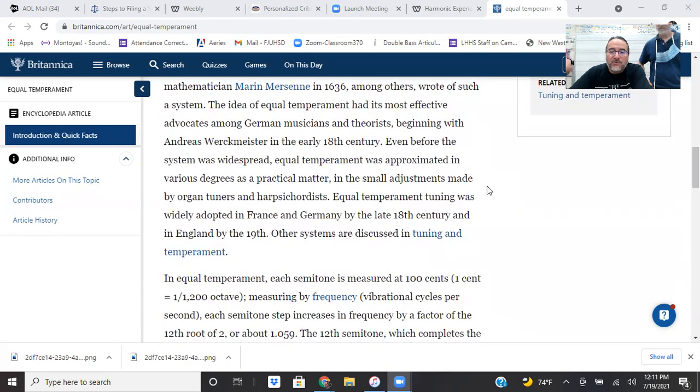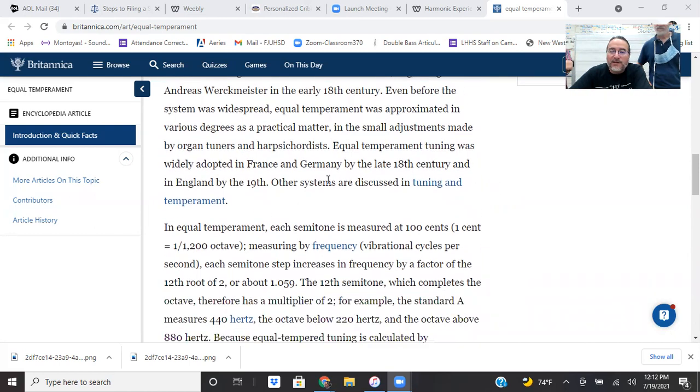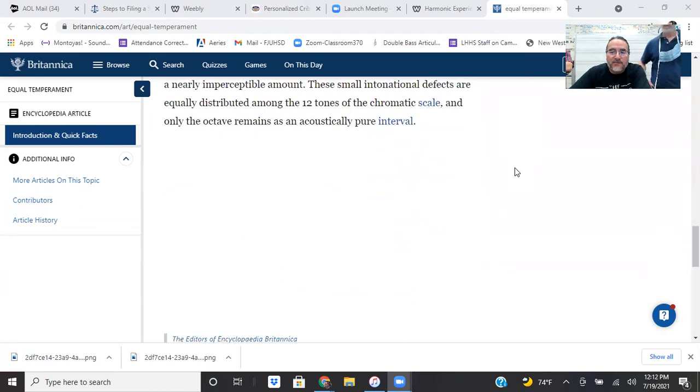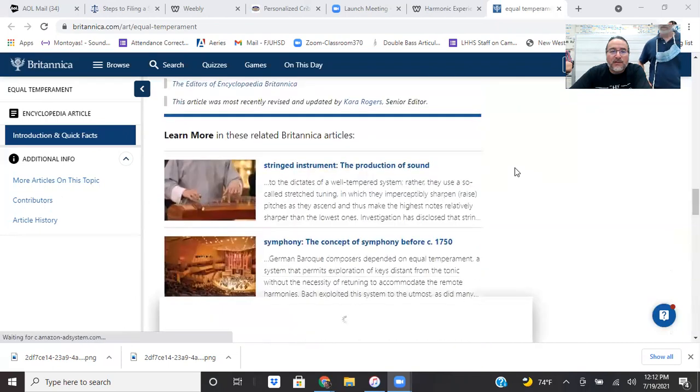Even before the system was widespread, equal temperament was approximated in various degrees as a practical matter in the small adjustments made by organ tuners and harpsichordists. Adopted in France and Germany in the late 18th century and in England in the 19th." Et cetera. So you can read more about equal temperament there if you like.